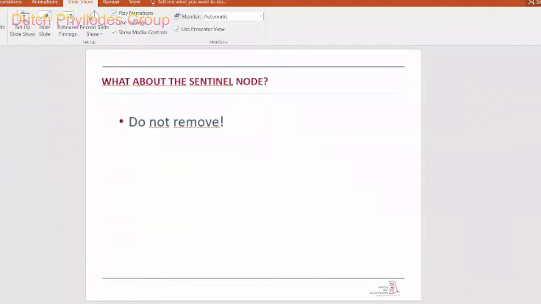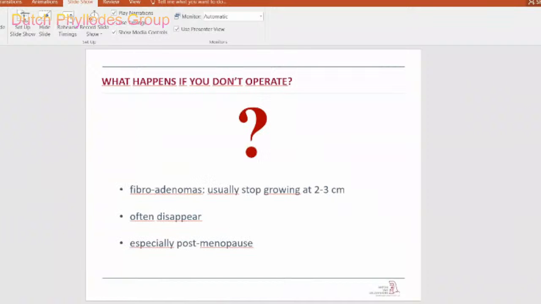For now, the surgery of the breast consists of local excision. Do we also need to remove the sentinel node as we do in breast cancer? Well, that's also an easy question since the answer is no. What happens if you don't do surgery, if you don't remove the Phyllodes tumor? Well, for fibroadenomas, there's no indication to remove them, as they usually stop growing at about 2 to 3 centimeters.